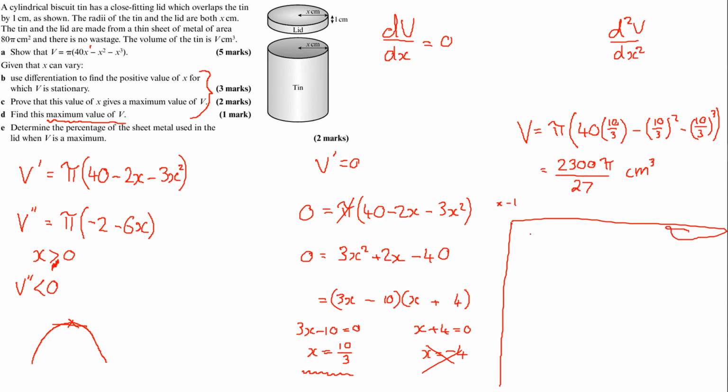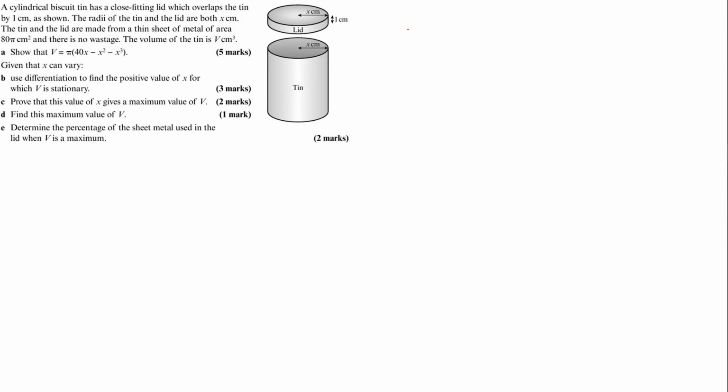So let's just do a new slide. Remember our x is equal to 10 on 3 centimeters when we have a volume as maximum. Therefore, let's find the surface area of the lid. So the amount of sheet metal we need for the lid is going to be one circle up top, which is going to be pi times x squared, plus the distance around the outside, which is just 2 pi x.